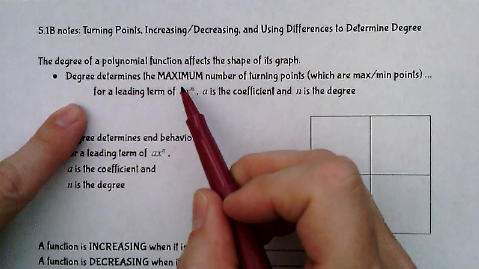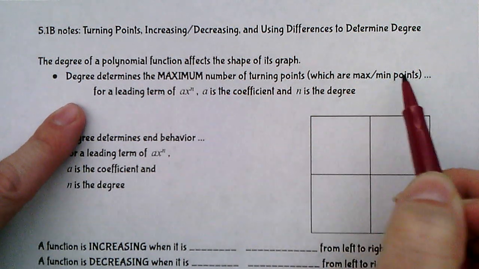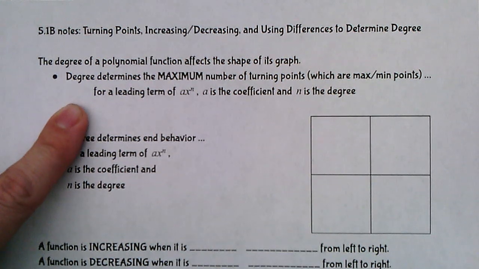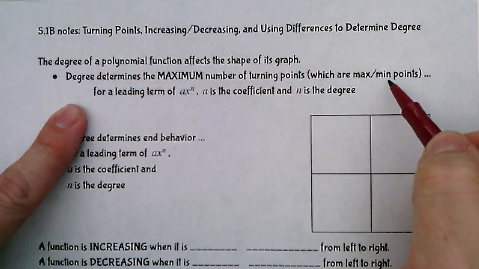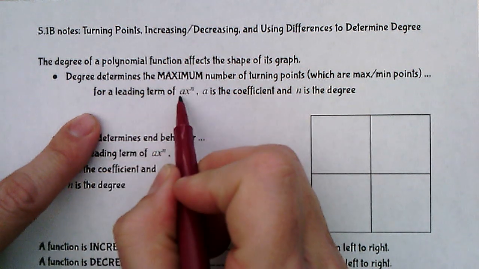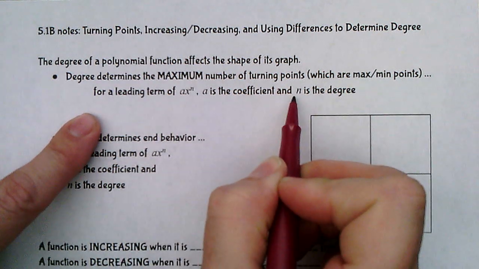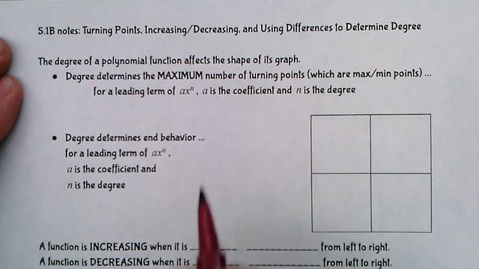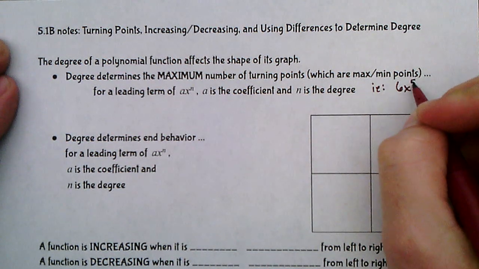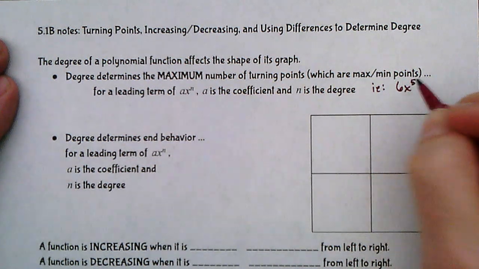It determines the maximum number of turning points, which are max or min points, which if you remember from parabolas, those max and min points look like vertices. So for a leading term of ax to the n, a is the coefficient and n is the degree. So for example, 6x to the fifth. So 6 would be the a, 5 would be the n.